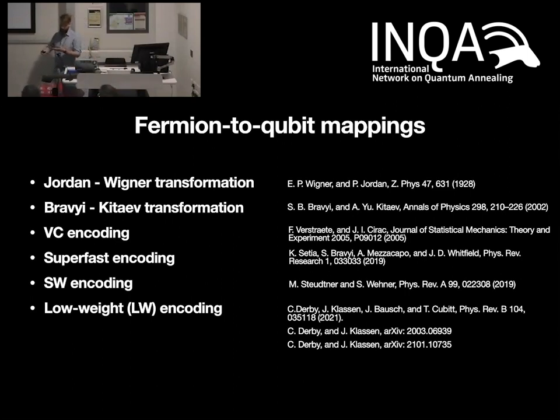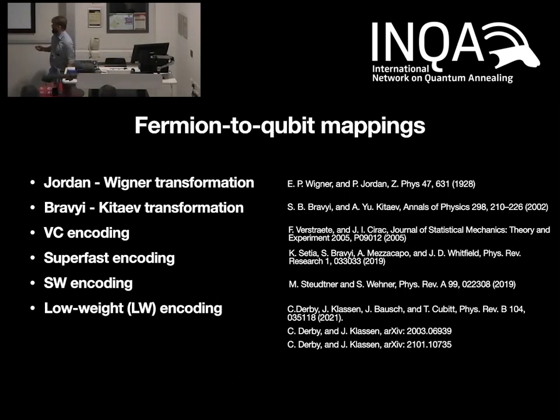Our creation and annihilation operators will be mapped to Pauli strings, and these Pauli strings will be constrained by the commutation relationships and the statistics of fermions. This is a probably not exhaustive list of fermion-to-qubit mappings. All of them have some nice properties, but also caveats in terms of implementation.